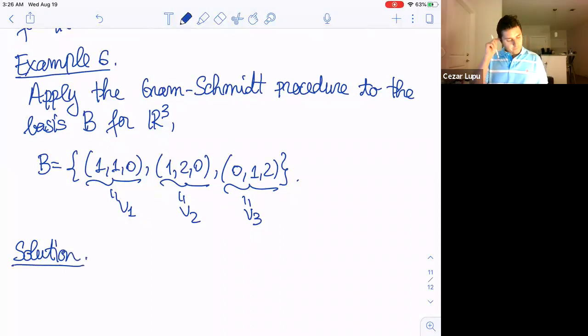Okay, so we would like to take again this basis of vectors v1, v2, v3, and we'd like to transform these vectors firstly into a basis of orthogonal vectors, and then next we will normalize that orthogonal basis.